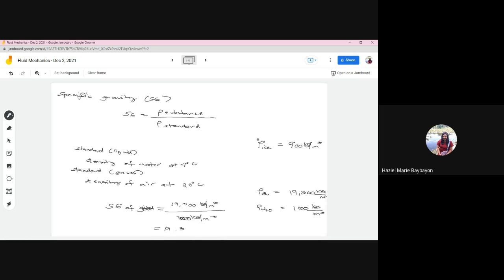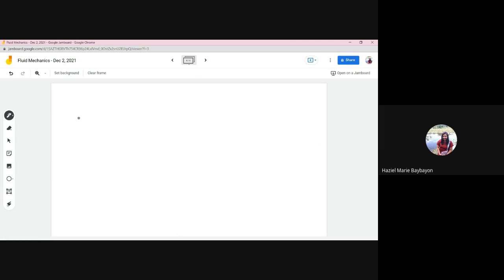So if we calculate the specific gravity of ice, this is equal to 900 kilogram per meter cube divided by 1,000 kilogram per meter cube. So this is equal to, how much? 0.9, right? Yes, it's 0.9.